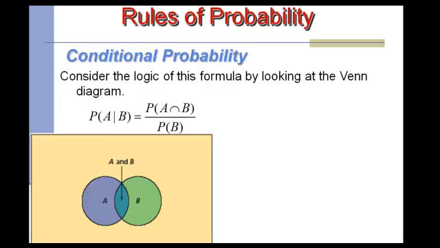Another way to show that is to go to the next slide. Consider the logic by looking at this diagram. The probability of A given B has occurred. Here's B. Ignore A. Just don't look at this. It's not there. Here's B. We're only concerned with B. So, given that B has occurred, what is the probability of A?